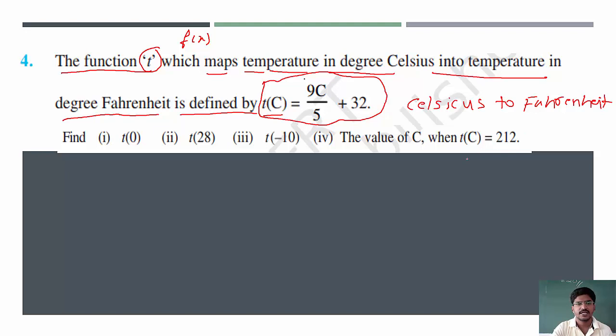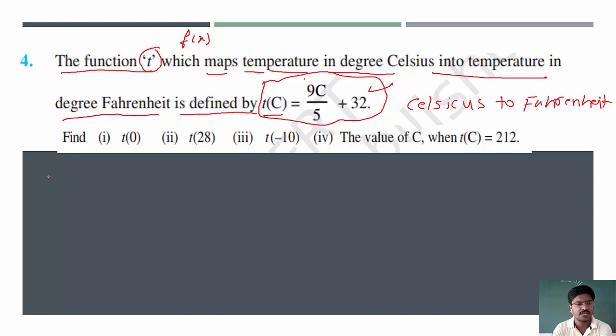So you have to convert Celsius to Fahrenheit with this particular formula, so that you are going to get your particular answers. They are asking you to convert temperature in degree Celsius to Fahrenheit. They have already given the formula, so we have to use that.